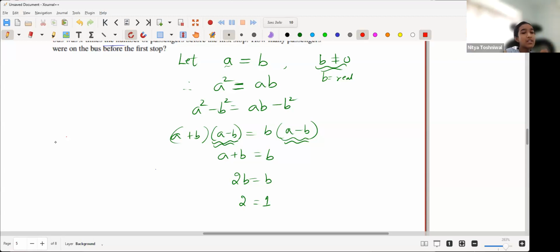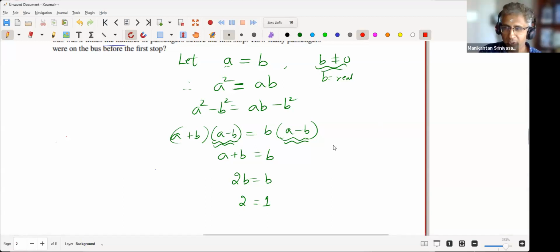So if A minus B is technically 0, and we decide not to cancel it out before we multiply, then it should be 0 equals 0. But theoretically, we can cancel it out.